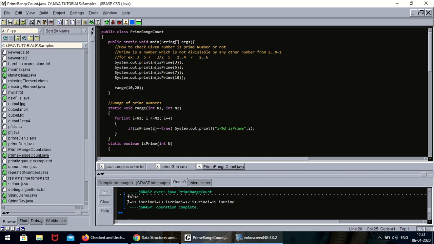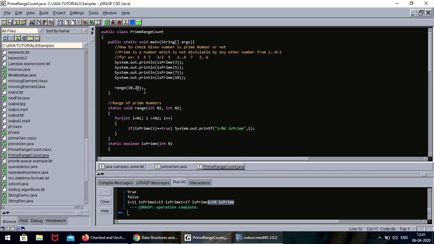See, between 10 and 20, 11 is prime, 13 is prime, 17 is prime, 19 is prime. How many numbers? 1, 2, 3, 4, 4 numbers.